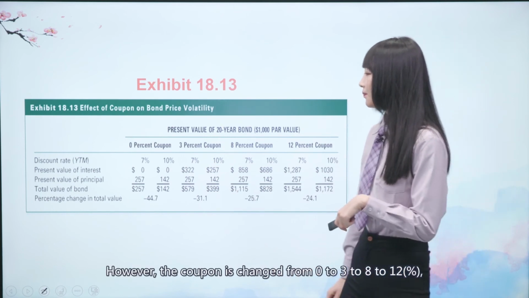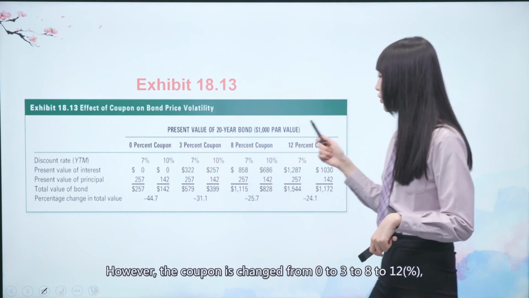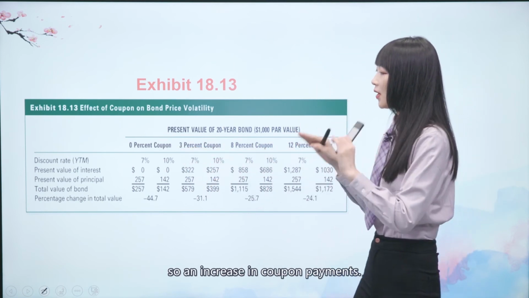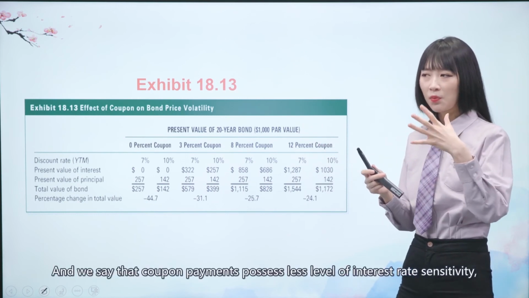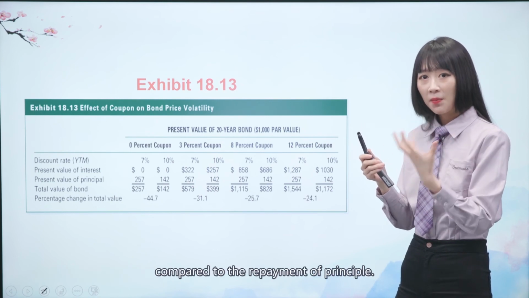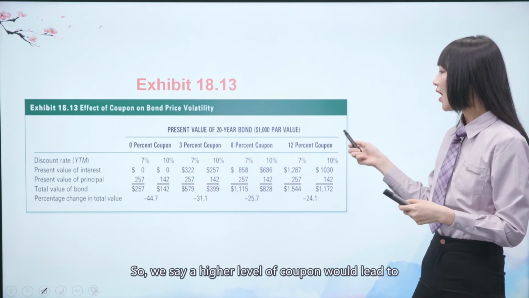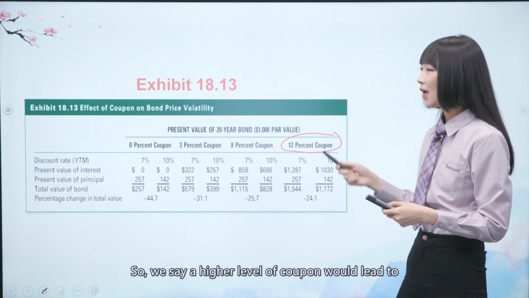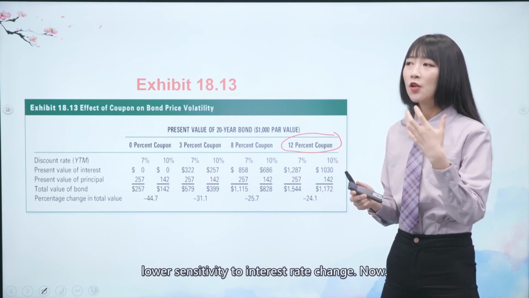However, the coupon is changed from 0 to 3 to 8 to 12, so an increase in coupon payments. And we say that coupon payments possess less interest rate sensitivity compared to the repayment of principal. So we say a higher level of coupon would lead to lower sensitivity to interest rate change.